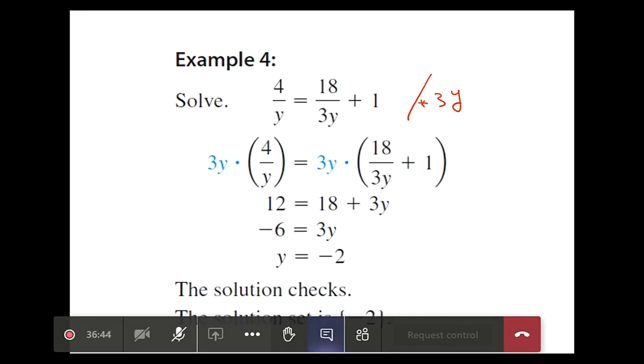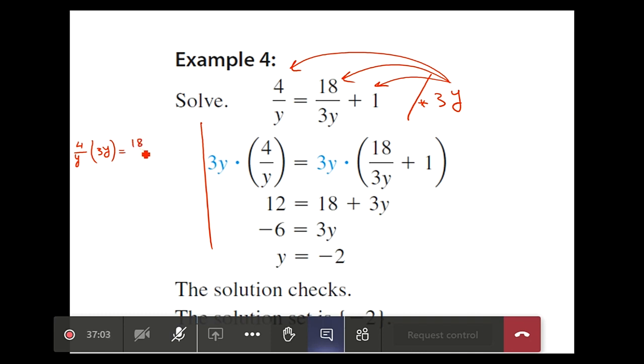So what does the equation become? Multiply each term by 3y. So we have 4 over y multiplied by 3y, equal 18 over 3y multiplied by 3y, and 1 multiplied by 3y.